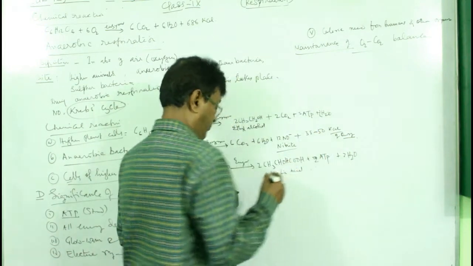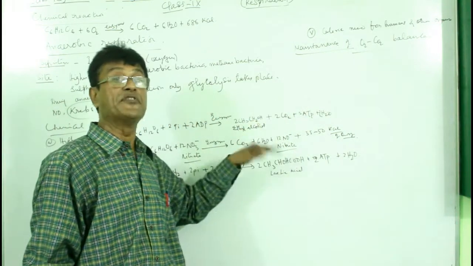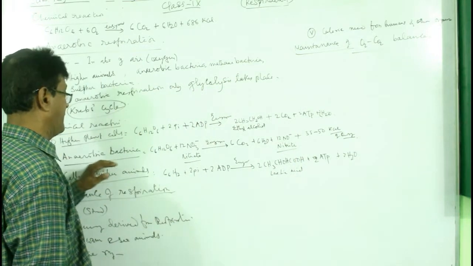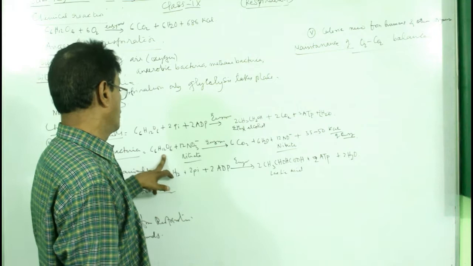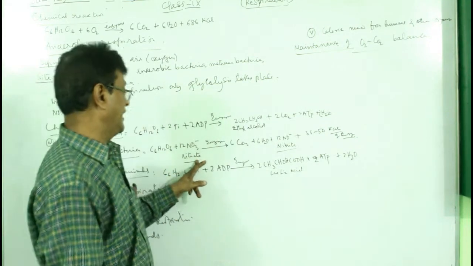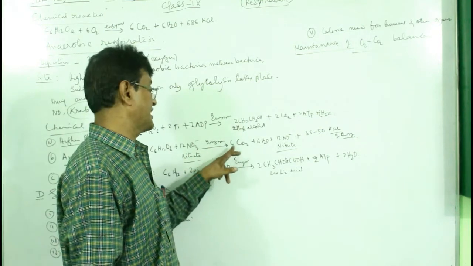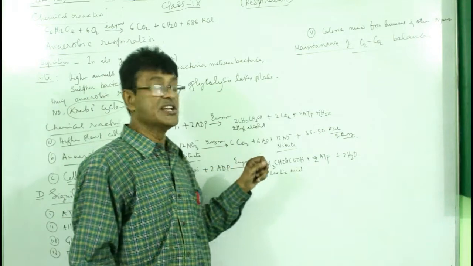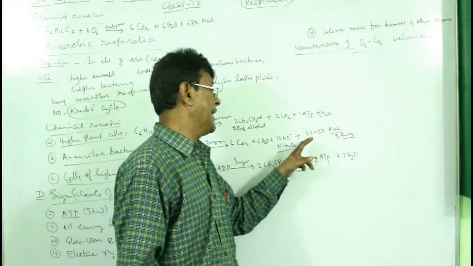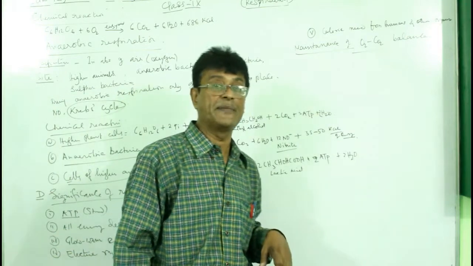So I repeat: in anaerobic bacteria, glucose in presence of 12 molecules of nitrate and the enzyme is converted to 6 carbon dioxide molecules, 6 water molecules, 12 nitrite molecules, and 35 to 50 kilocalories of energy.